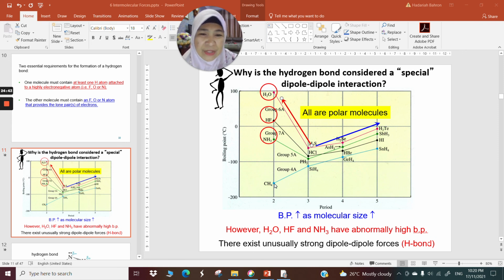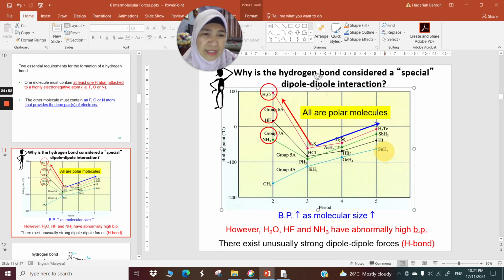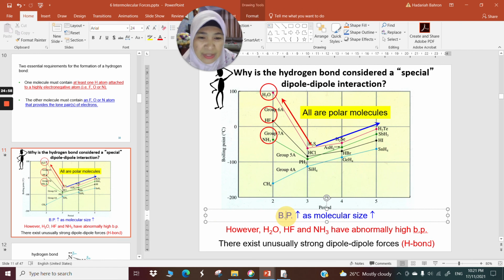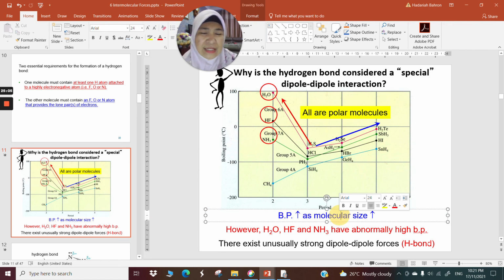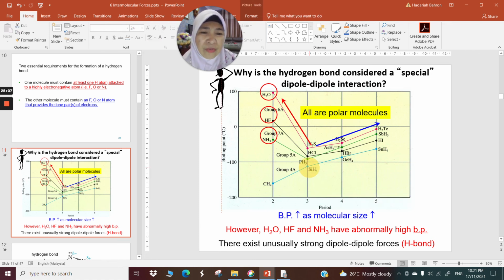If you just look at the progression between methane, SiH4, GeH4 and SnH4, they are going up. The boiling point of these molecules, just look at this blue one at the bottom, increases as the molecular size of that molecule is going up.